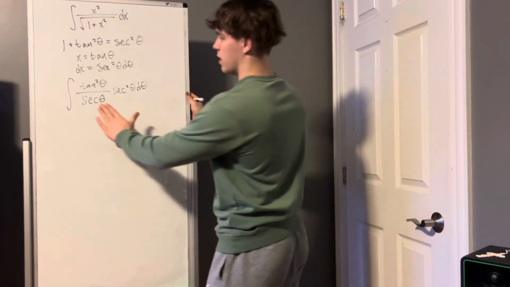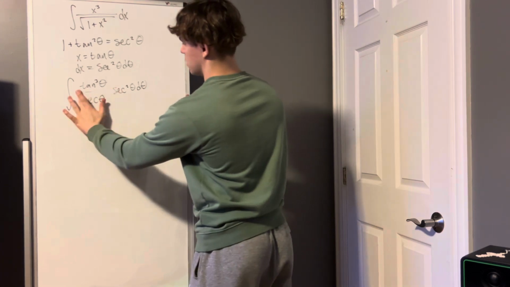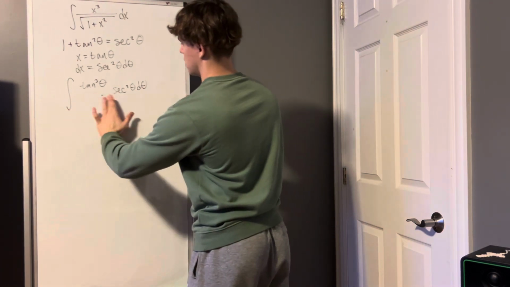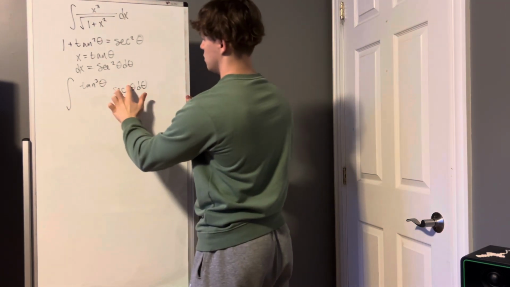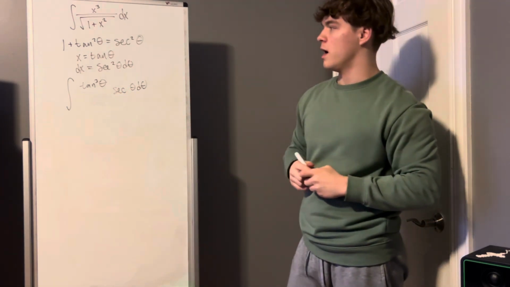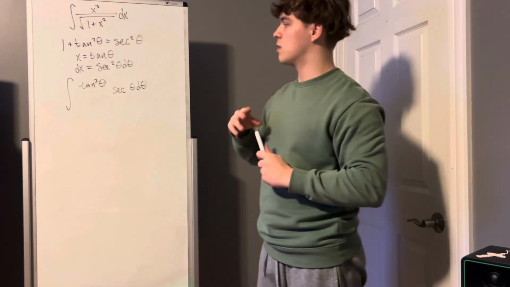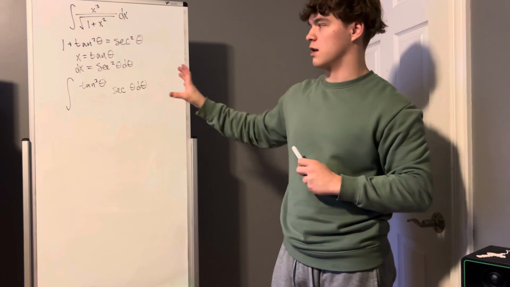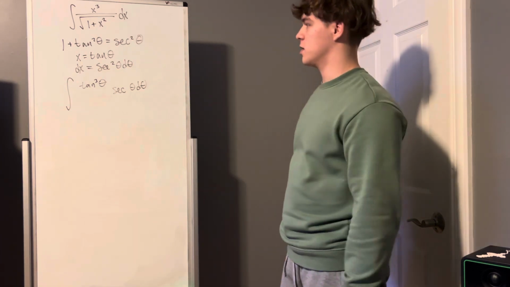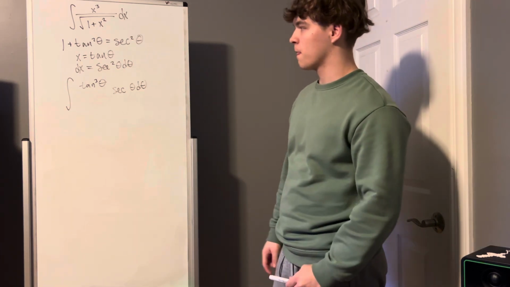Now we can get rid of one of each of these secant thetas, since secant theta over secant theta is 1. And now we've got the integral of tan cubed theta times secant theta d theta. I know it's written a little awkward, but just to save some time here.